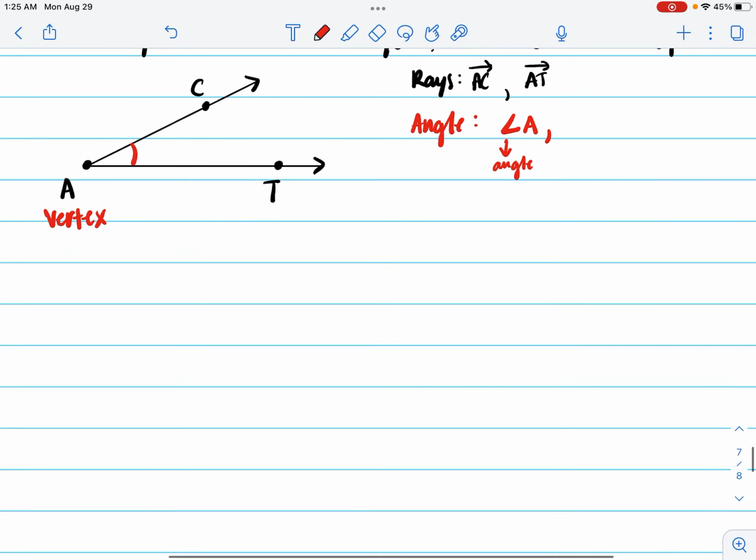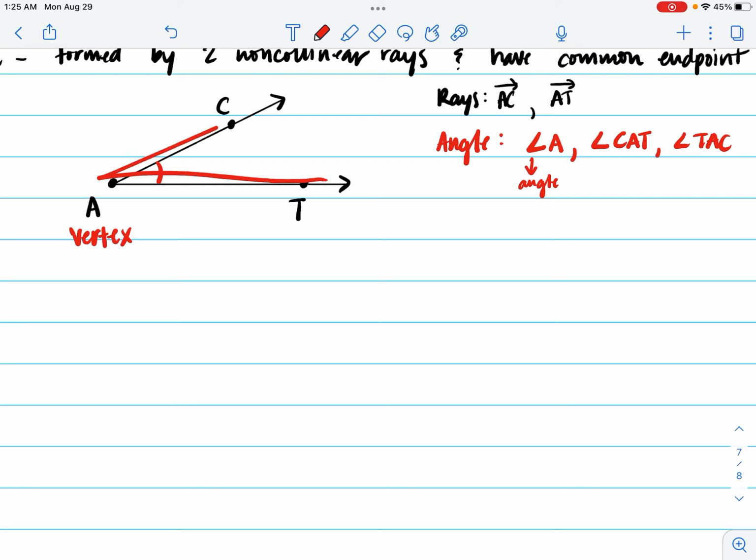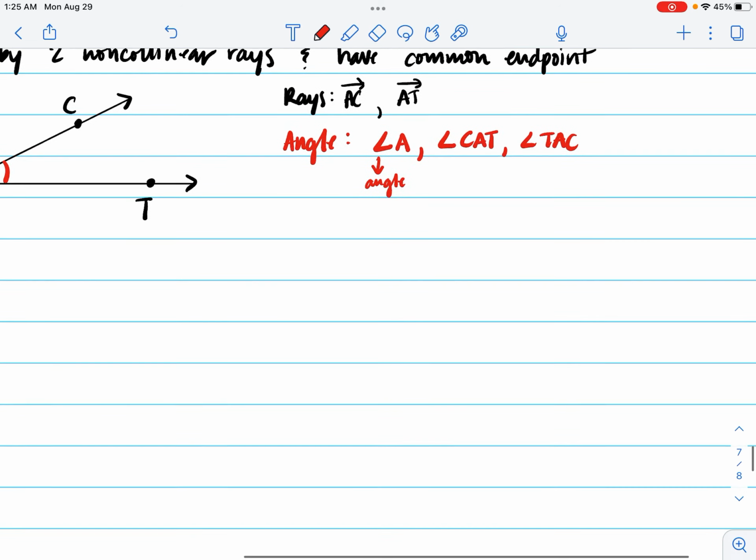You could also name it using three letters. You could say it's angle CAT because you follow the measure. You could also call it angle TAC if you follow it in the opposite direction. It still creates that angle and you're still good to go. Okay?